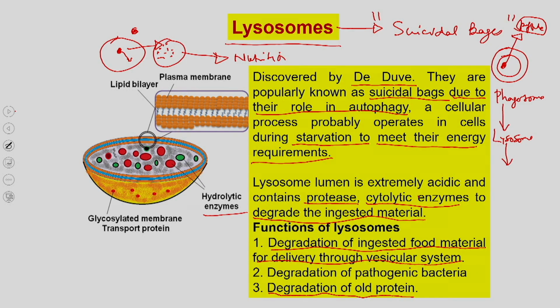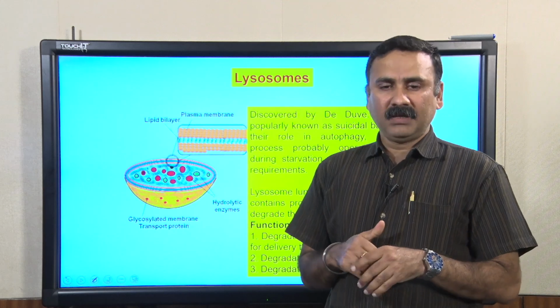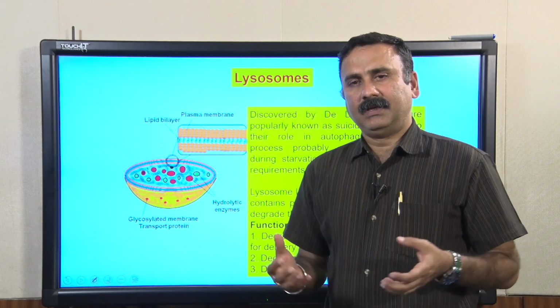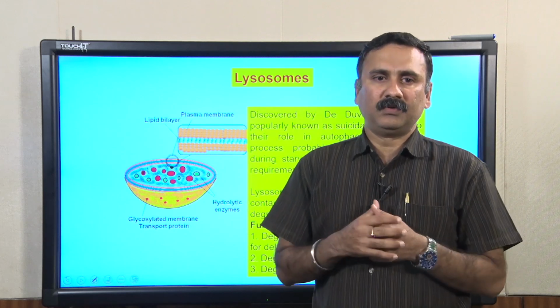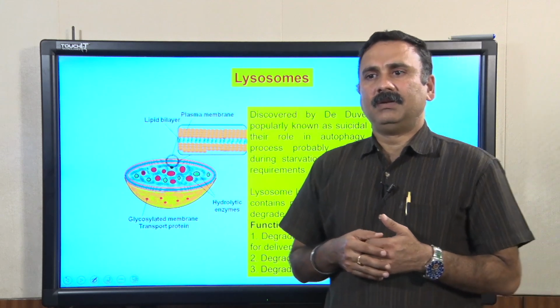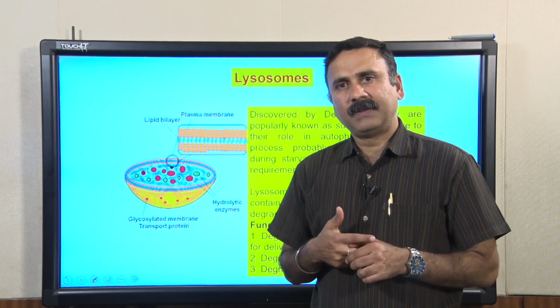So, lysosomes, as we discussed, are called suicidal bags, and their job is to degrade or destroy the ingested bacteria as well as digest the proteinaceous substances or aged proteins.